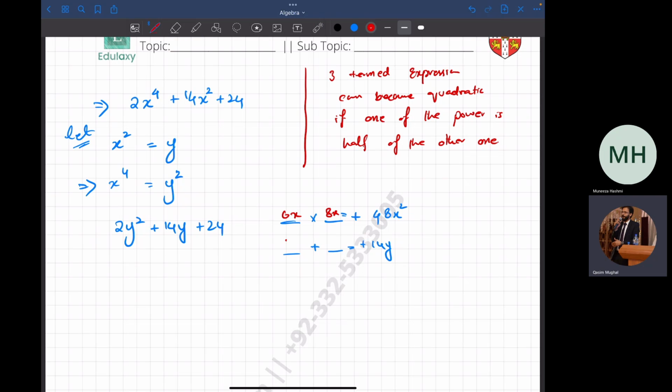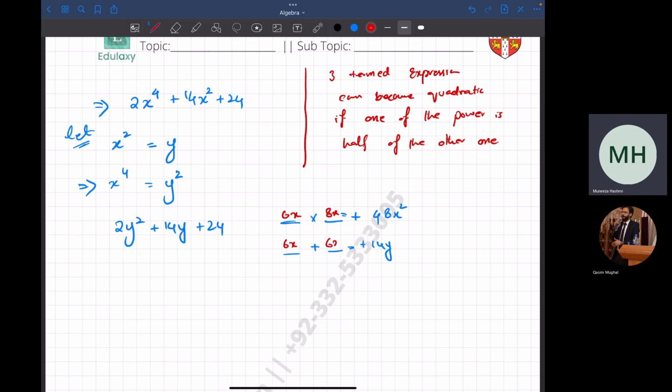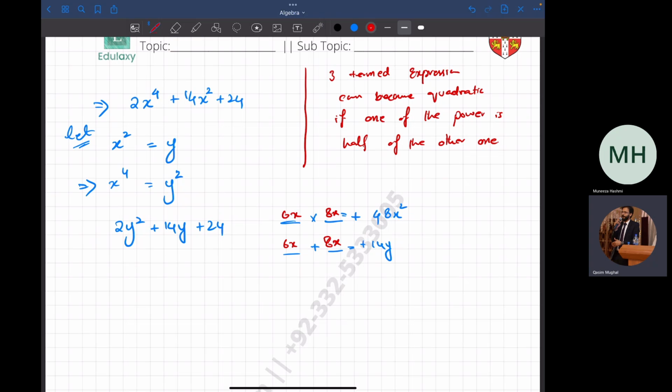6y times 8y, isn't it? So I'm going to rewrite the same one as 2y squared plus 6y plus 8y plus 24. Now 2y is common, and then y plus 3, 8 is common, and then y plus 3.